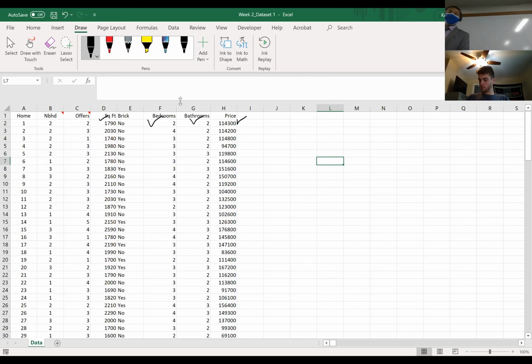With Excel, I need to train the data. Excel doesn't read brick, non-brick. It doesn't read yes, no. When it's reading the neighborhood as 1, 2, and 3, Excel thinks it's quantitative data. So it's thinking 2 means twice better, 3 means twice better than 1. So we need to recode that. That's a discussion for much later in this class. But right now, it's more about understanding what the data means and what the data type is.